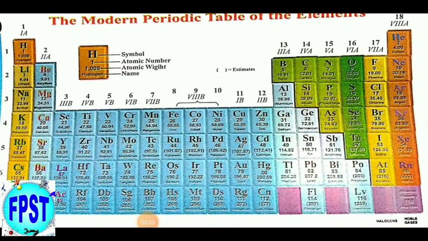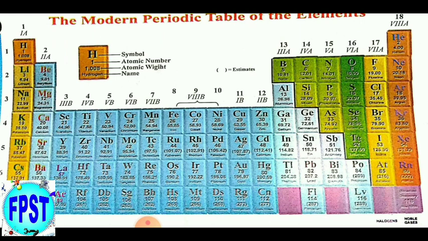In the first column of the modern periodic table, the first element is hydrogen. Its electronic configuration is 1s1. The second one is lithium.